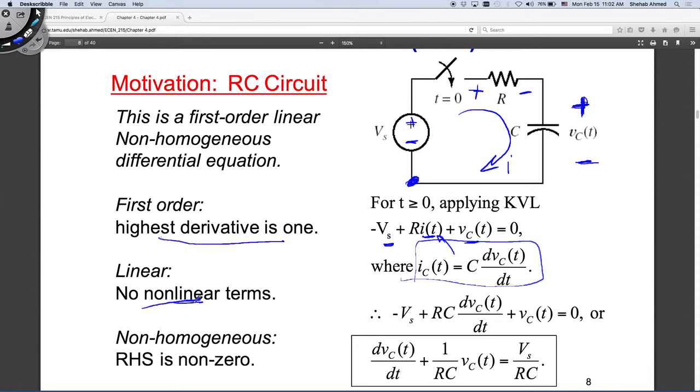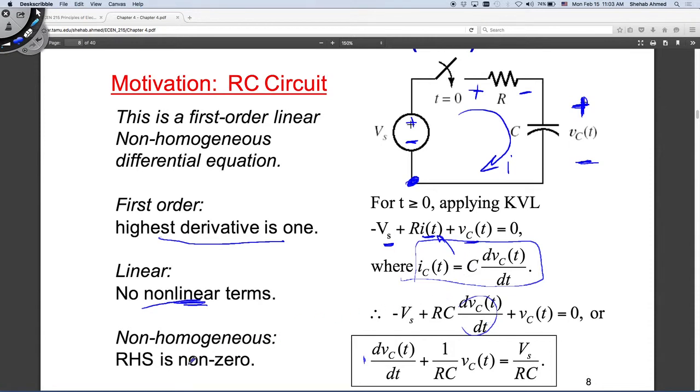All the terms are linear: here the term is 1, the term is 1 over Rc, the term here is Vs over Rc, so there's no x times y, there are no nonlinear terms here. I'm not multiplying voltage by current, for example. So two time varying phenomena, I'm not multiplying them by each other. It's either a constant or a constant multiplied by a time varying element, right? So there are no two time varying elements multiplied by each other.